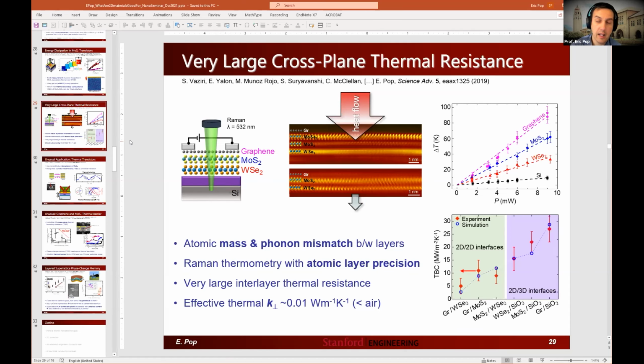The first application that came to mind when we started doing this was thermal, but people I know are using these kinds of heterogeneous stacks for tunnel transistors, for instance. People are using them for optoelectronic devices, right? Because you can have interlayer excitons with unusual tunable properties. I'm not an expert on those properties as much, but I see the literature work, and I talk to Tony Heinz, who's my colleague, sometimes.